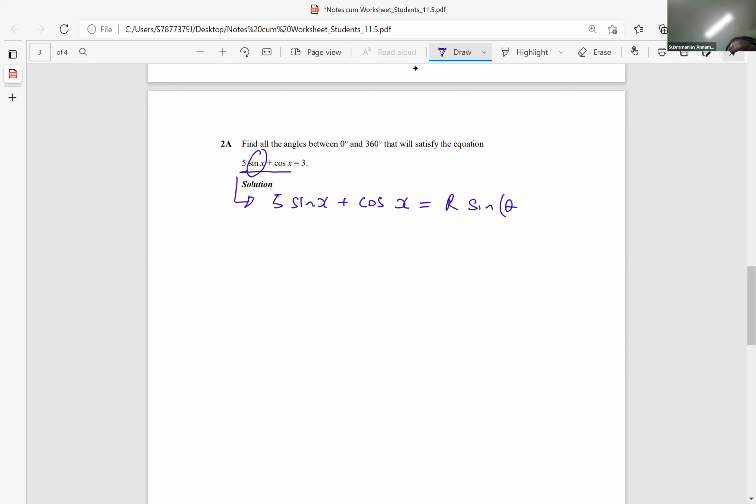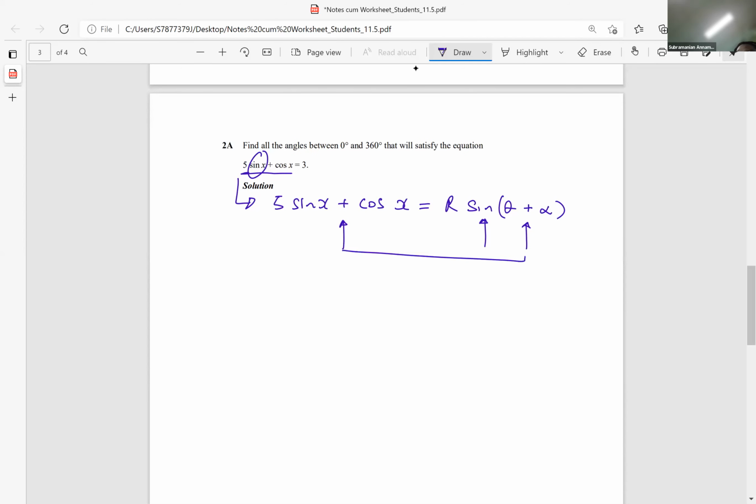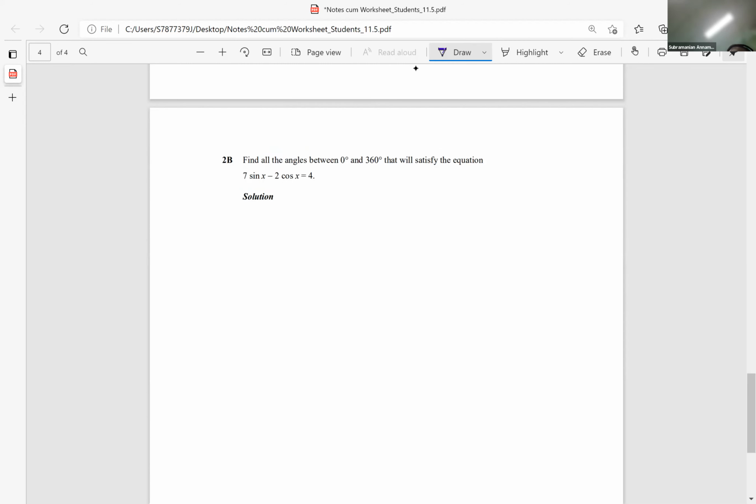Is it plus or minus? Plus. Very good. Why is it plus? Because it is sine. Whatever is plus here should also be a plus there. Just copy and paste. Not that difficult, isn't it? First, you need to identify. Okay, let's go through this. It's the same.